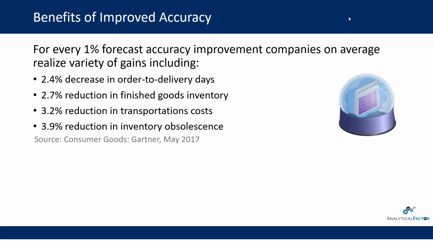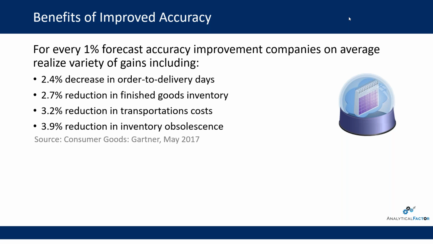A Gartner report that came out a couple of years ago shows that for every 1% forecast accuracy improved, they saw several factors improve: decrease in order to delivery days, a reduction in inventory, reduction in transportation costs, and reduction in inventory obsolescence. So while forecast accuracy is this theoretical number that you strive to make better, all these other metrics have real world dollars, often enough a lot of dollars, tied to them.